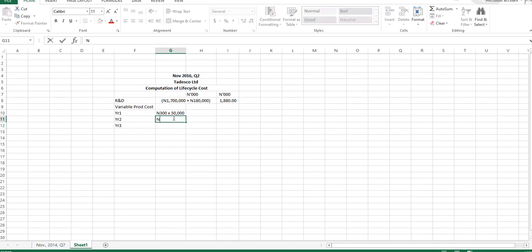So year 2 is 250 times 200,000. Okay, 200k. And year 3 is also 250 times 150k. Now, this second one is not in naira, it's in units.